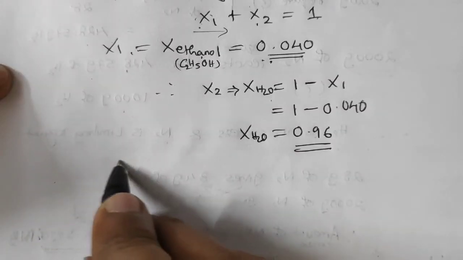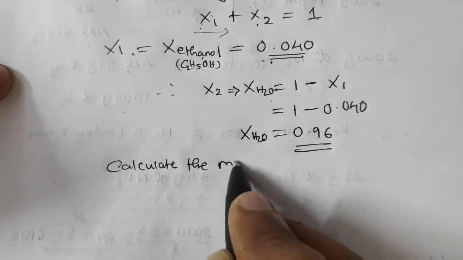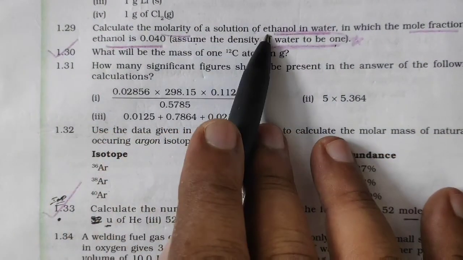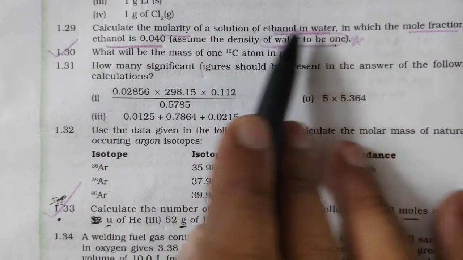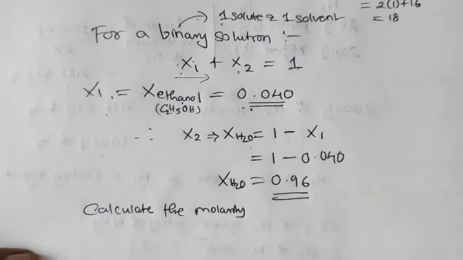The question was to calculate the molarity. What is the question here? Calculate the molarity of solution of ethanol in water, meaning for ethanol you have to calculate the molarity. So that we are doing now.